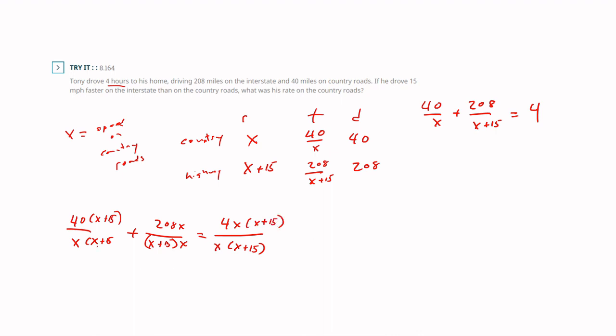Okay, let's distribute here. We've got big numbers again. So I've got 40x plus 40 times 15 gets me 600. Here I've got 208x. Sending this through, I get 4x squared plus 60x.